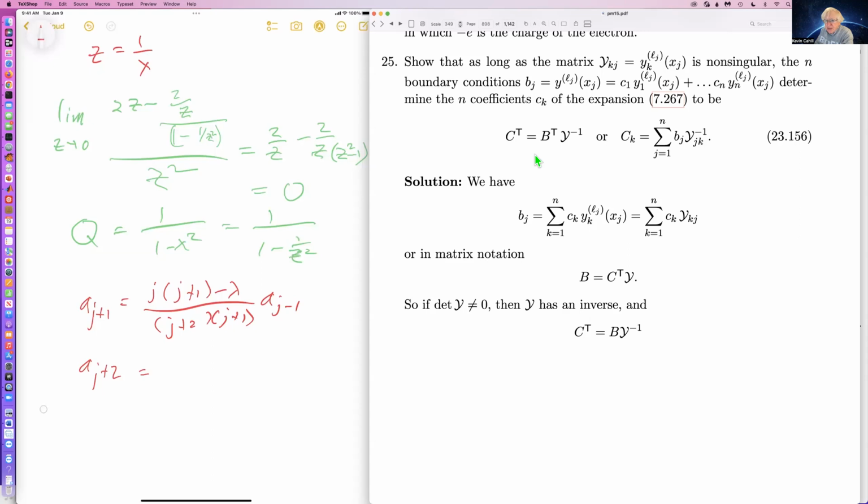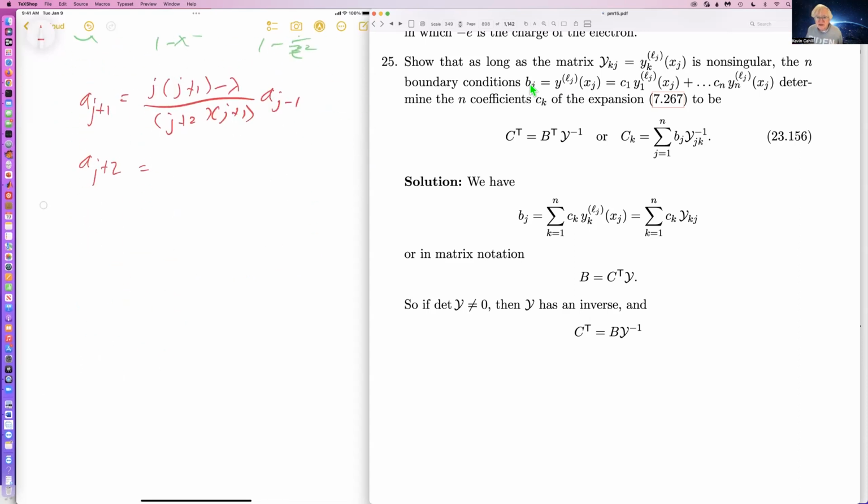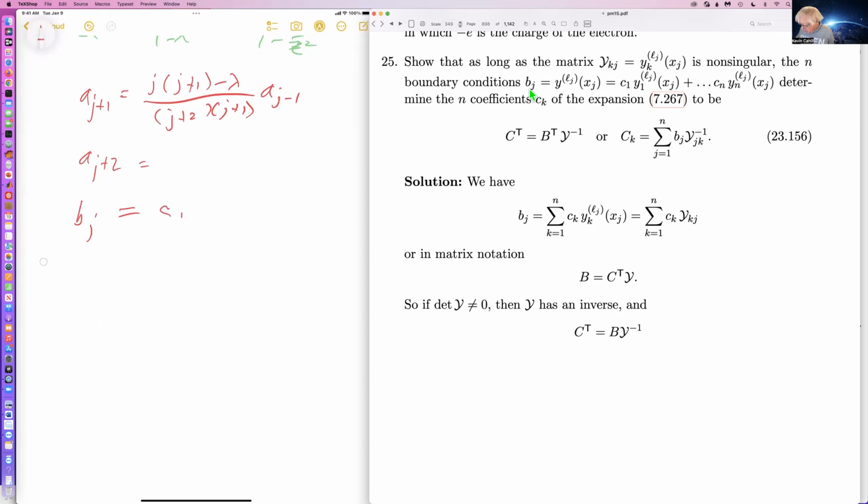So b_j is the boundary condition, and it's a sum over k of c_k times big Y_kj.